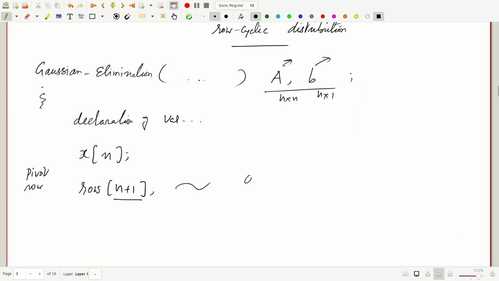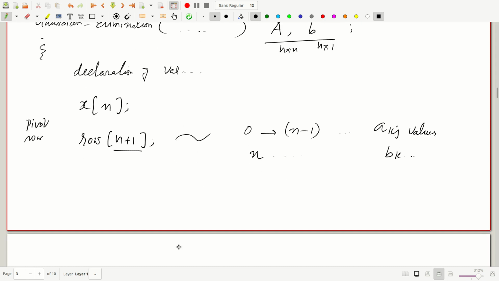So 0 to n minus 1 will hold the values of a[k][j], and then the last element, index n, will be b[k], the right hand side.